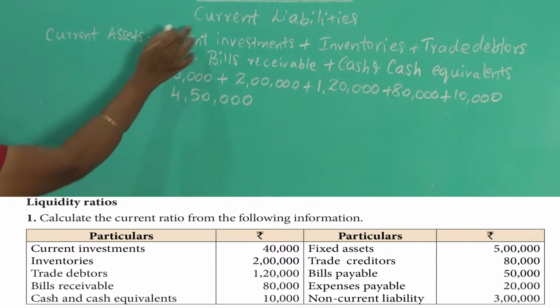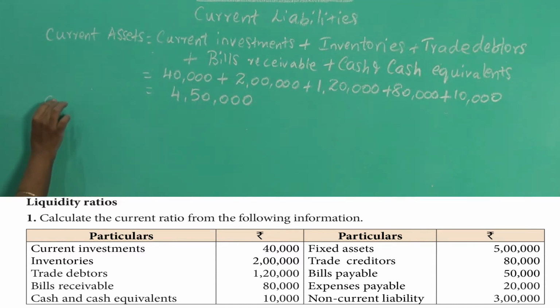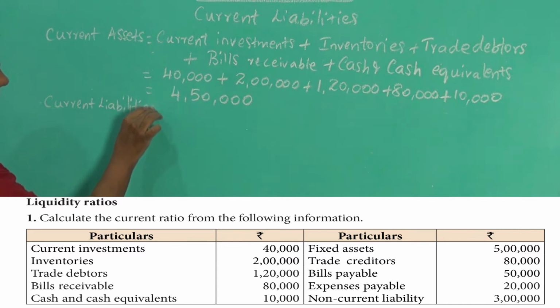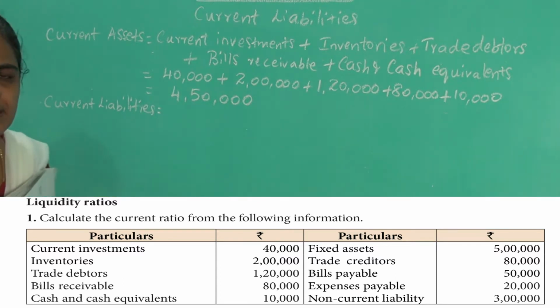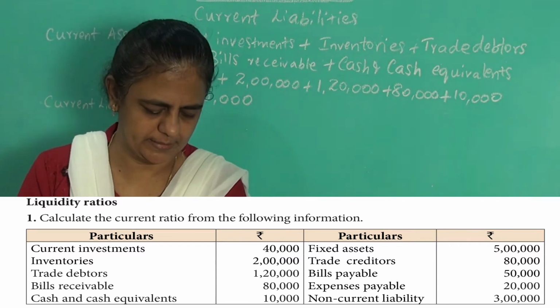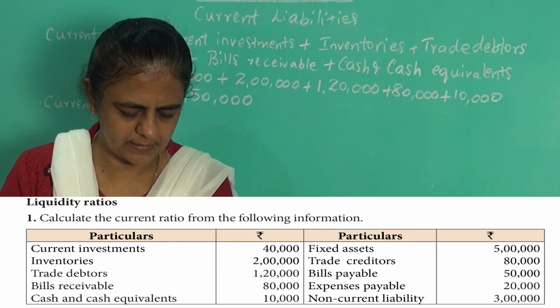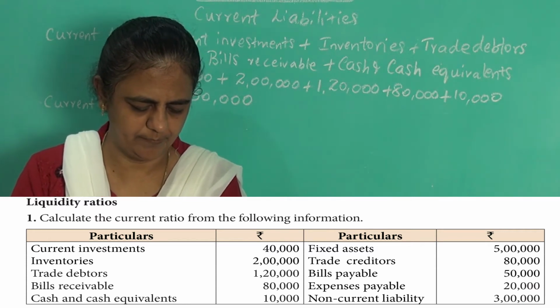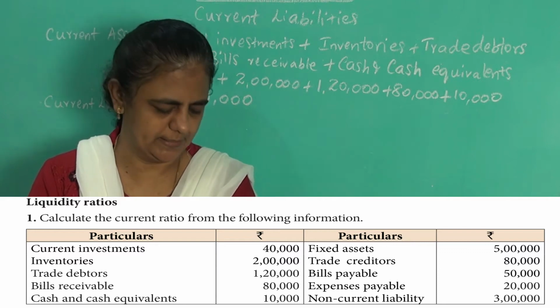Okay. Now find out which are all current liabilities. Current liabilities is equal to the current, identify the current liabilities. Trade creditors, bills payable, expenses payable. These 3 are current liabilities. Okay.